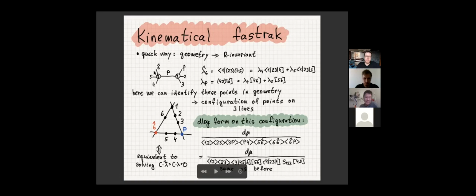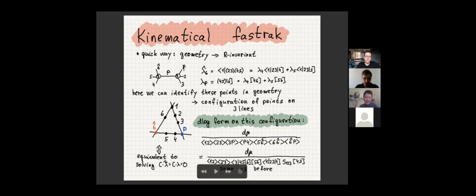So if we have some BCFW diagram, which looks like that, a BCFW term which contributes to the amplitude. Here, there are 4 points on the left, 4 points on the right, and there are these two legs which have shifted kinematics, and there is an internal line P, which is also on shell.